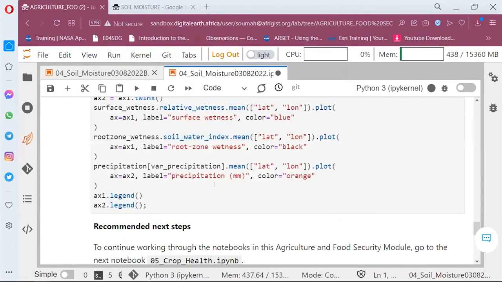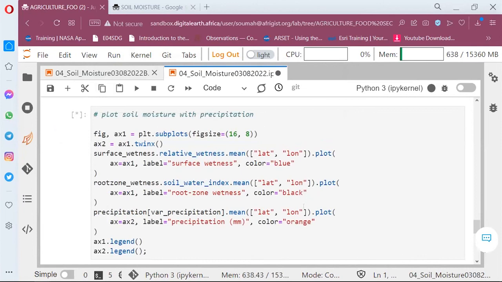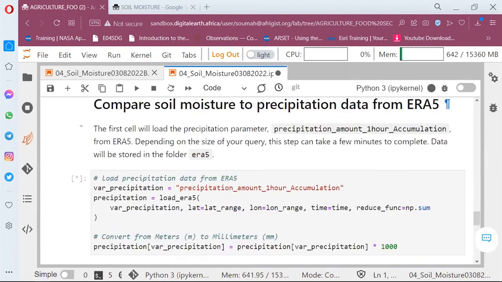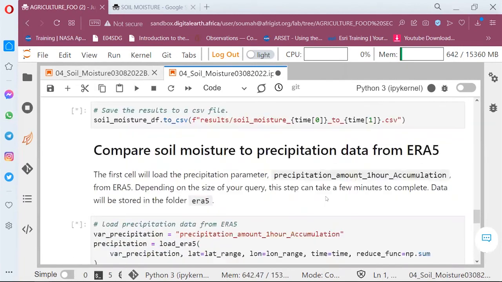The last step is now to compare the precipitation and the soil moisture. And we find the correlation we mentioned earlier: the more it is precipitating, the more the soil is getting wet in the root zone.